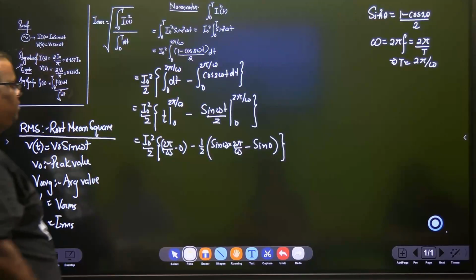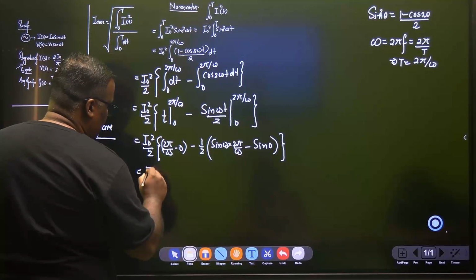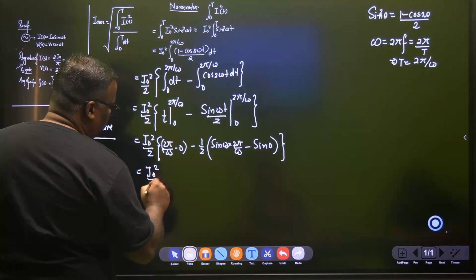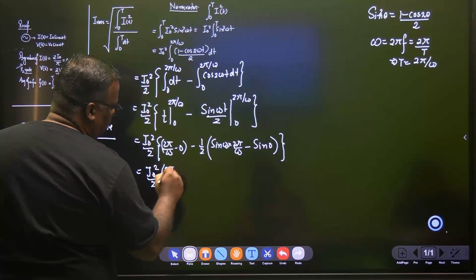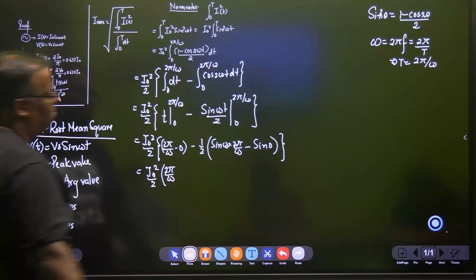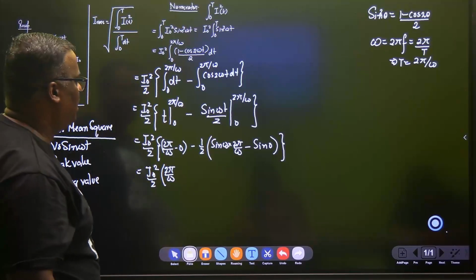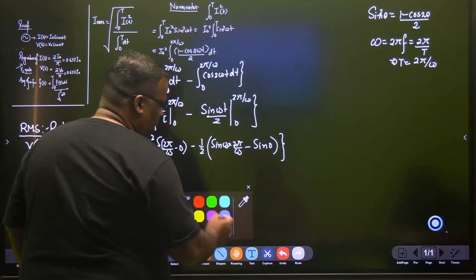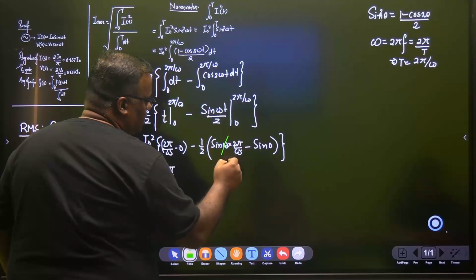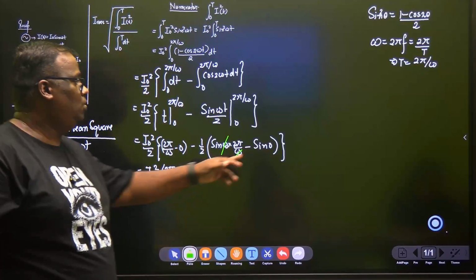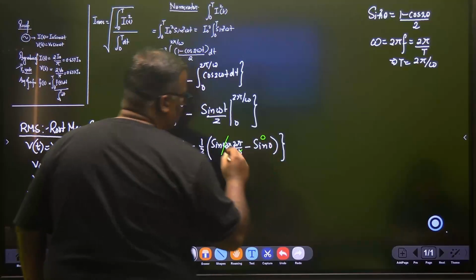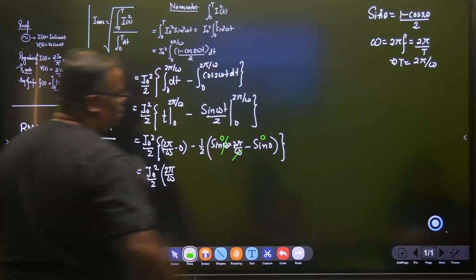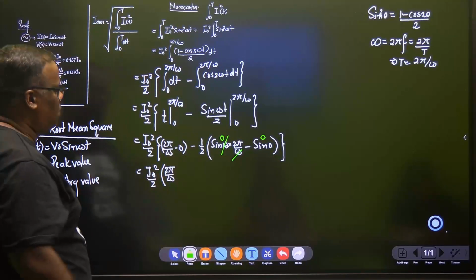Okay. So this becomes I naught square by 2. If you see inside, this will be 2 pi by omega, right? Minus 0 is 0. Have your attention out here. Omega cancels omega. Sine 0 is 0. Sine 0's value is how much? 0. And sine 4 pi is also 0. So half into all these things now become 0.